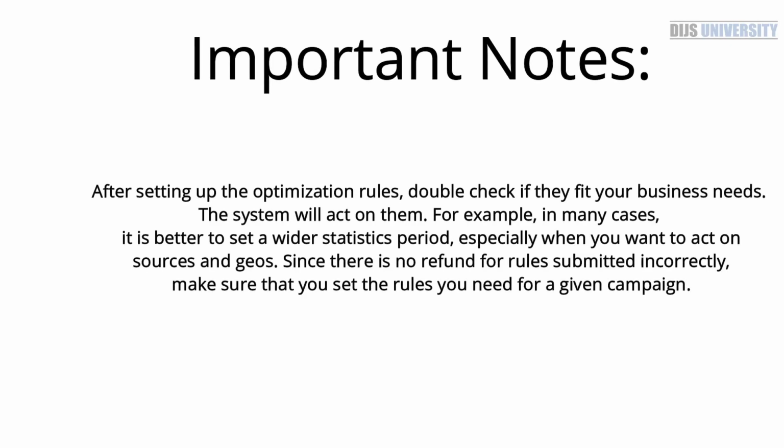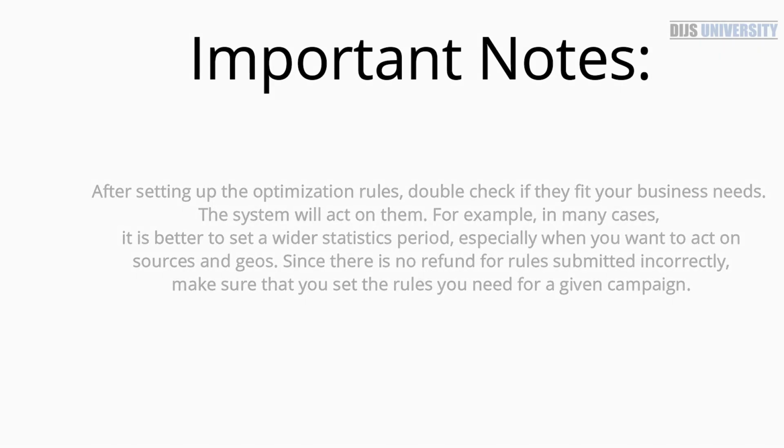All right, so here are some important notes about your rule-based optimization. After setting up your optimization rules, you need to double check if they fit your business needs, because the system will act on them. For example, in many cases, it's better to set up a wider statistic period, especially when you want to act on sources and geos. Since there's no refund for rules submitted incorrectly, make sure you set the rules for what you need them to perform in your given campaign.